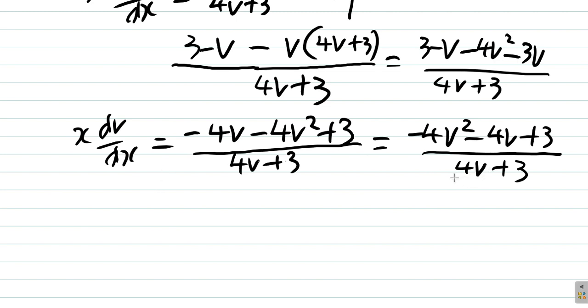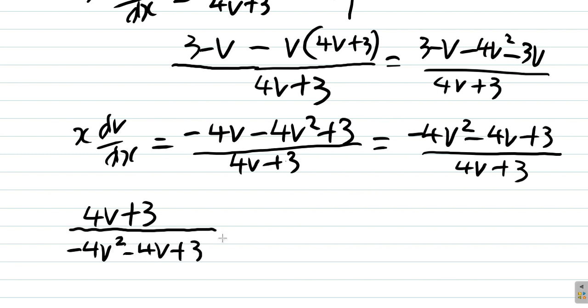If we multiply both sides by 4v plus 3, because we want function of v dv on the left equal function of x dx on the right, this will be 4v plus 3 divided by the negative 4v squared minus 4v plus 3. So that will be over negative 4v squared minus 4v plus 3 times x dv by dx.